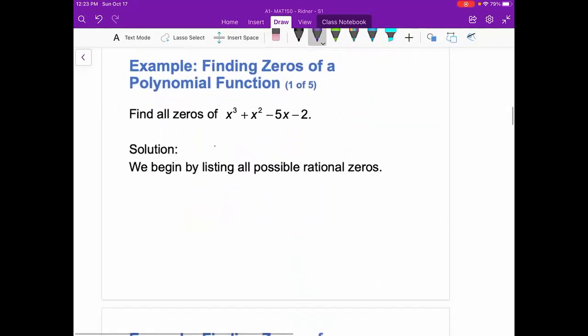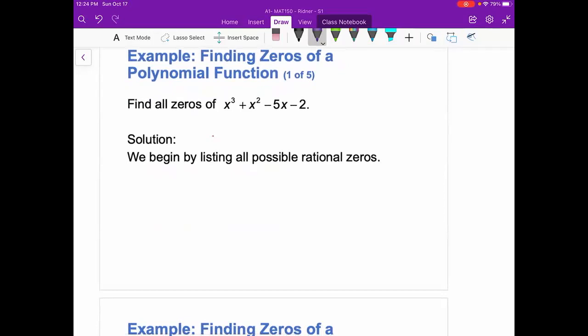But in the two examples we're going to do today, we don't have near that many. So the constant divided by the leading coefficient in this case is -2. So only 1 and 2 divide 2, and the only thing that divides 1 is 1.